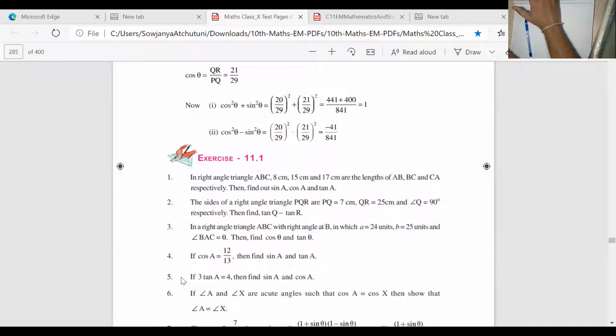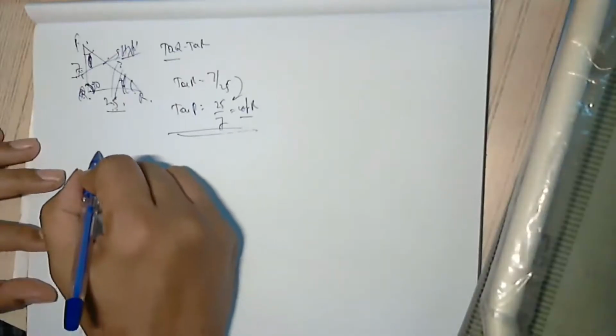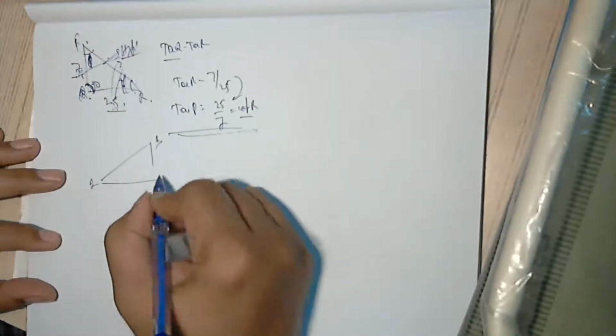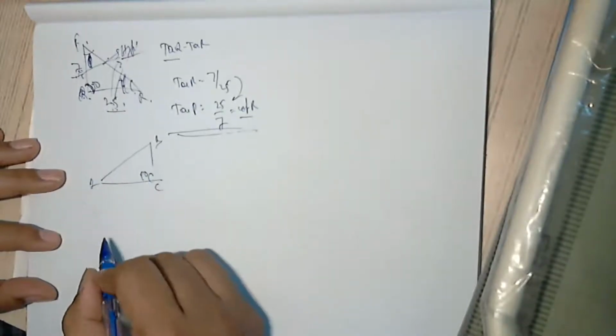Let us see this example 5. If 3 tan A is equal to 4, find sin A, cos A. What is tan A? Tan A is equal to 4 by 3. Let us say A, B, C. This is 90.